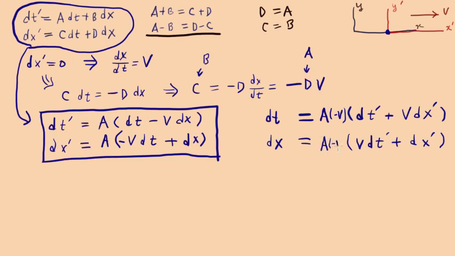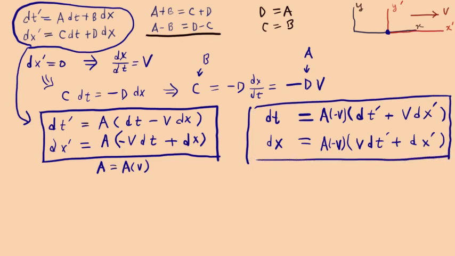So that means it's a function of negative v here, whereas in these formulas, this A value was a function evaluated at velocity v. So these two values are to be distinguished for the time being, at least.